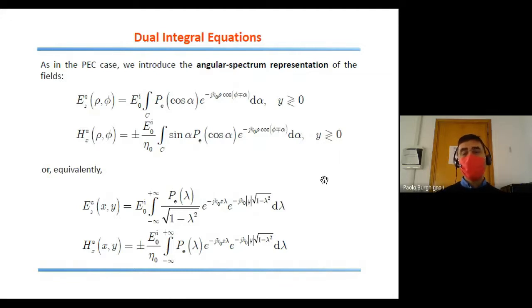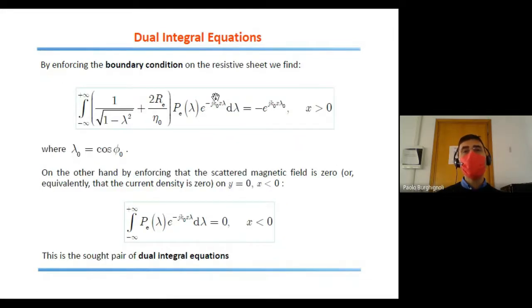This latter representation is actually the most convenient, in particular by enforcing the boundary condition on the resistive sheet. Using this latter representation, what we find is this kind of integral equation in the upper box, which is very similar to the one we derived.